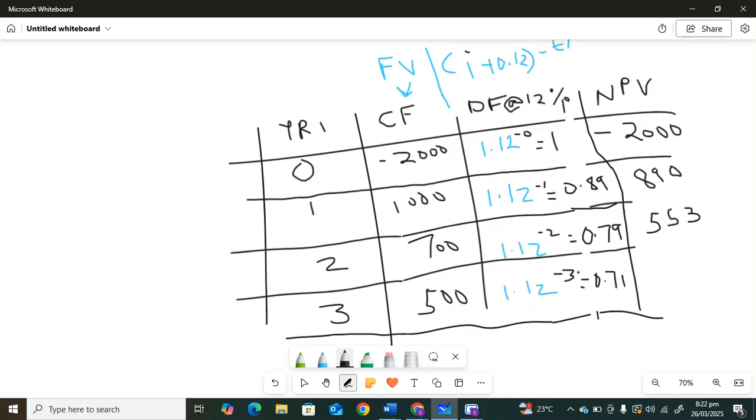Year 3, 1.12 to the power negative 3, you get 0.7117, but I just set it to 2 decimal places so we can end on 0.71. So 500 times 0.71.